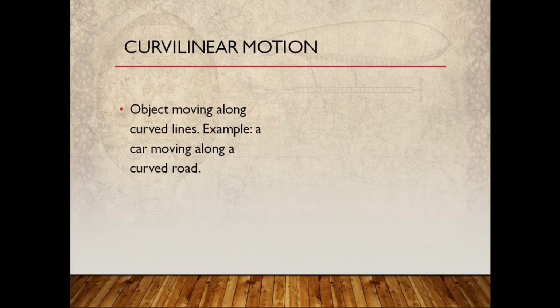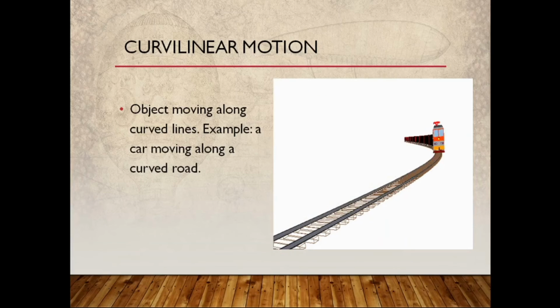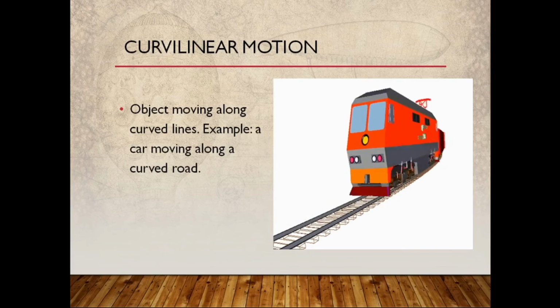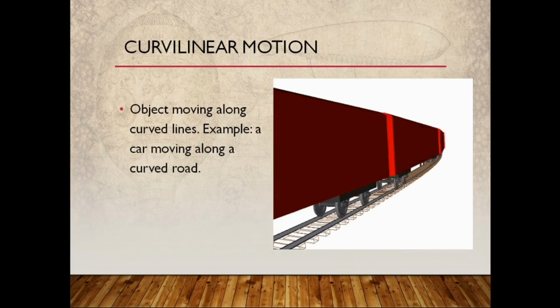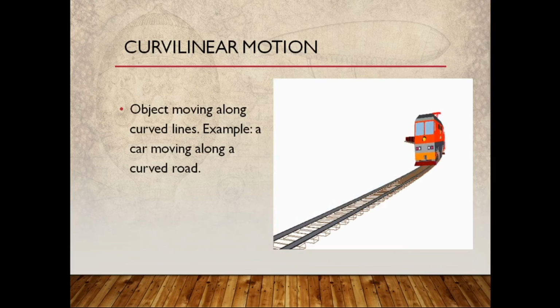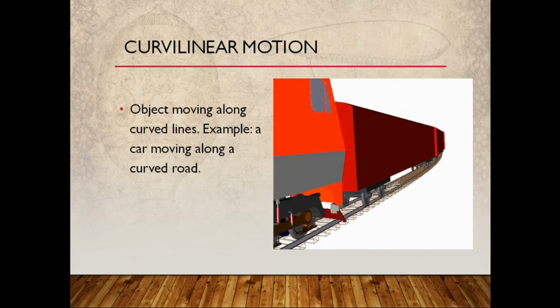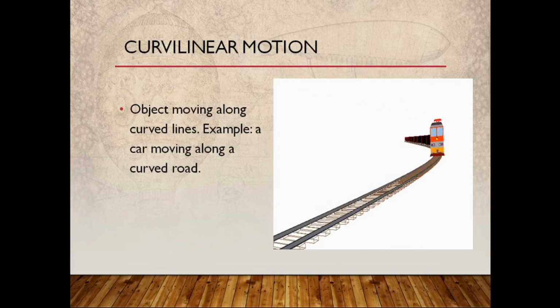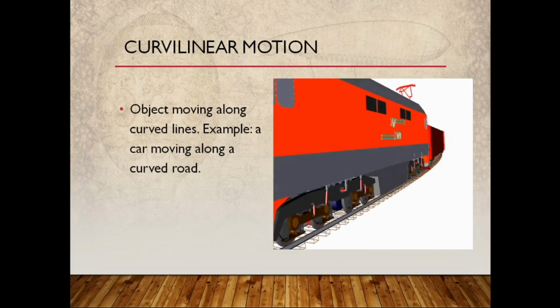Similarly, a train running on a track. The train is running on a fixed track, but the track is curved. So this is also an example of curvilinear motion. Got it? I hope it is clear from this picture also. Now, let's move forward.